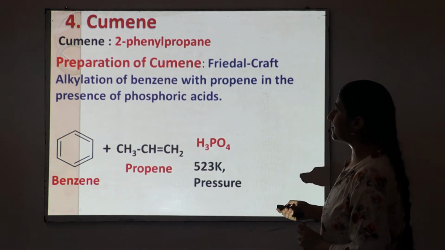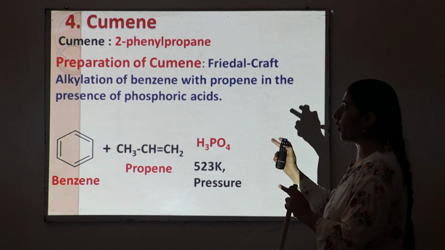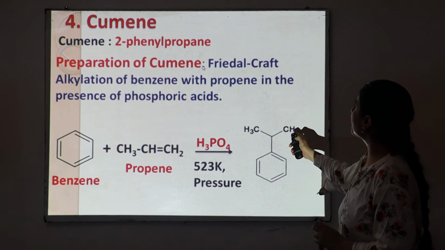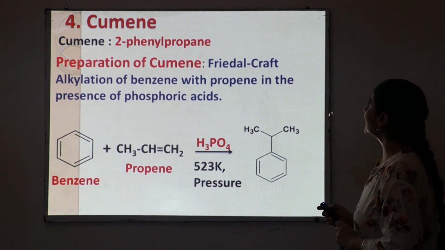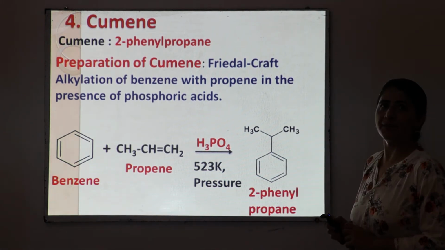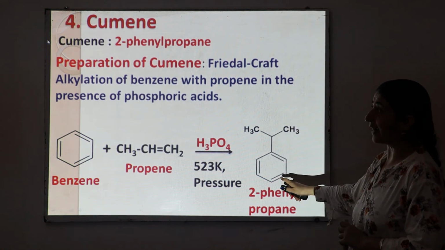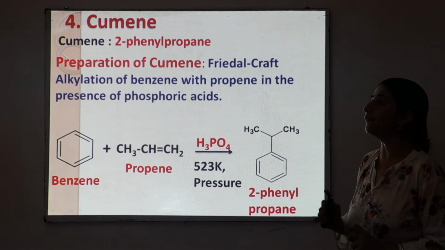So due to the migration of hydrogen and attachment of the second carbon, we get cumene, which is also known as 2-phenyl propane. And this 2-phenyl propane is used as the main reactant for the production of phenol.